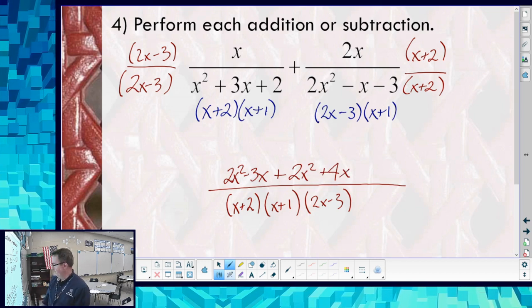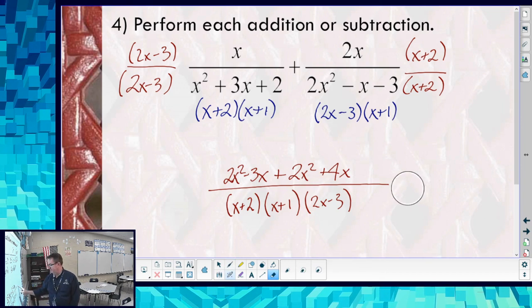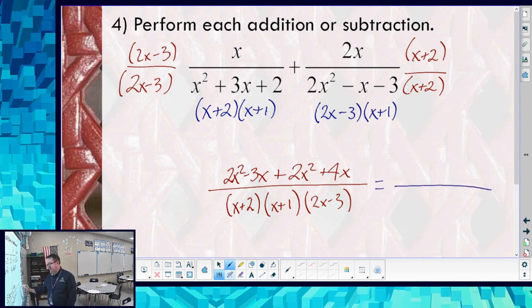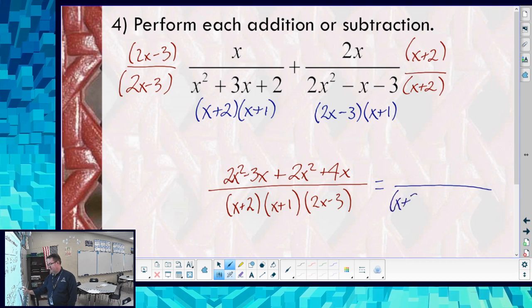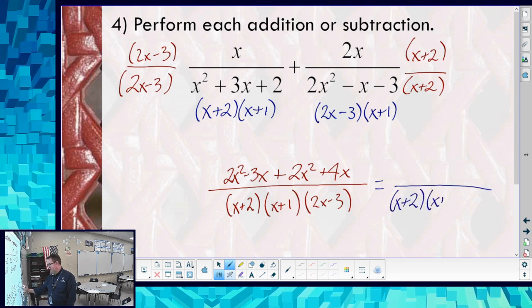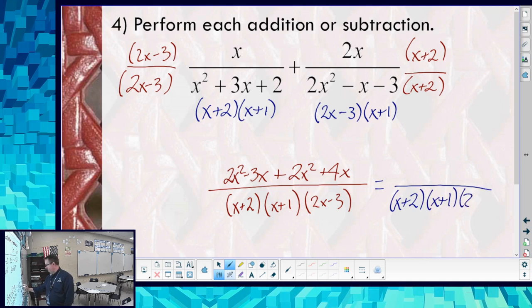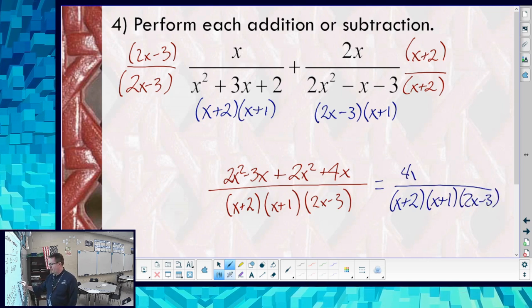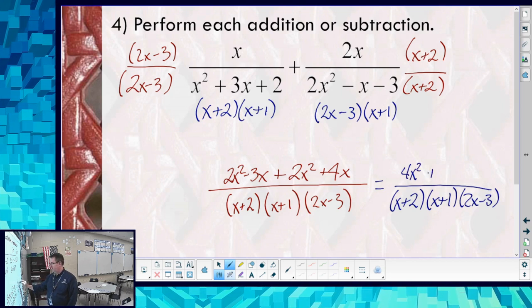Combine things out. The denominator is going to stay the same, so hopefully we can divide some things out. I promise you there'll be at least 1 or 2 in here that will do that. And then across the top, I will get 4x squared plus 1x.